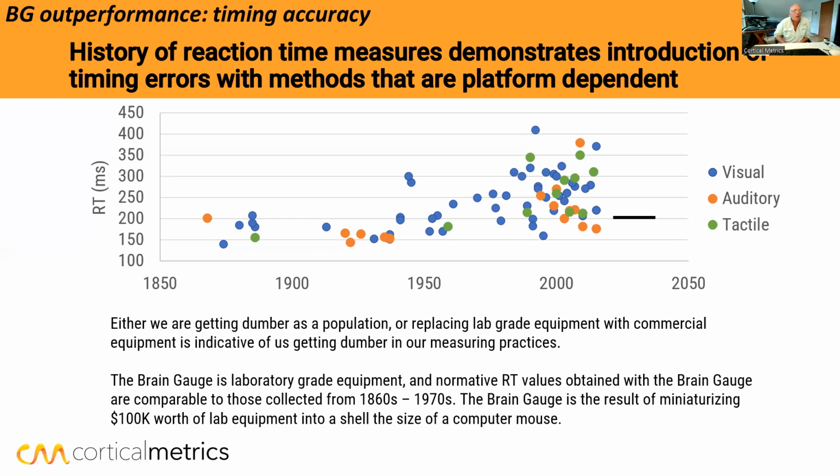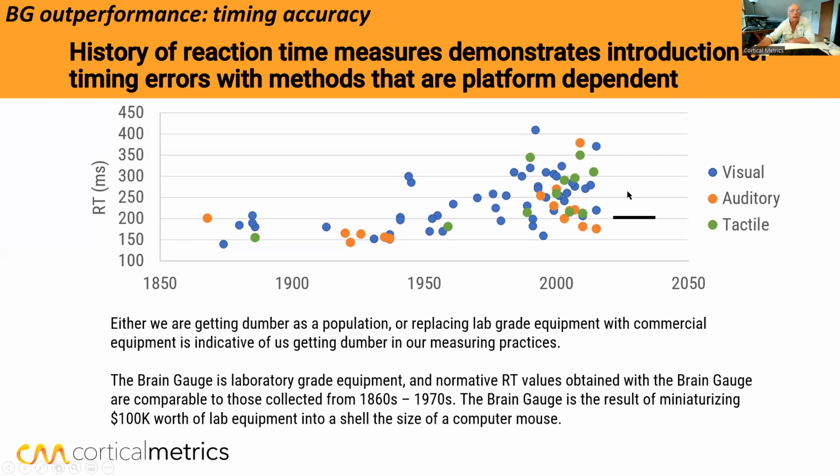In 2012, there was a flurry of papers saying, oh, we're getting dumber as a population because look how much slower our reaction time is getting. Then a bunch of other papers came out and said, oh no, we're not. They tried alternate methods of testing intelligence, like IQ, to see if we were getting smarter or dumber. And it turned out we weren't getting dumber.